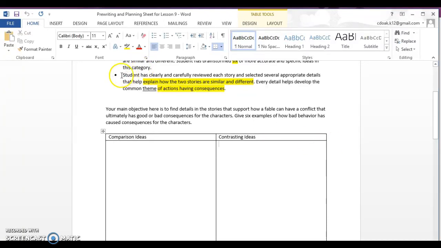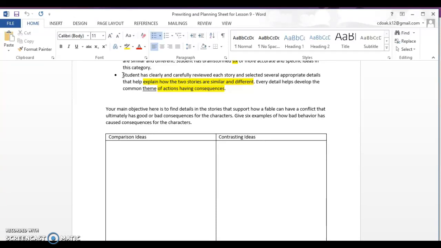Then it says, student has clearly and carefully reviewed each story and selected several appropriate details that help explain how the two stories are similar and different. Okay, that's what we just talked about. Every detail helps develop the common theme of actions having consequences, okay?